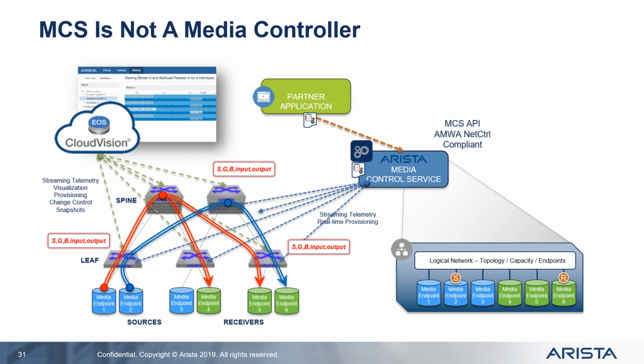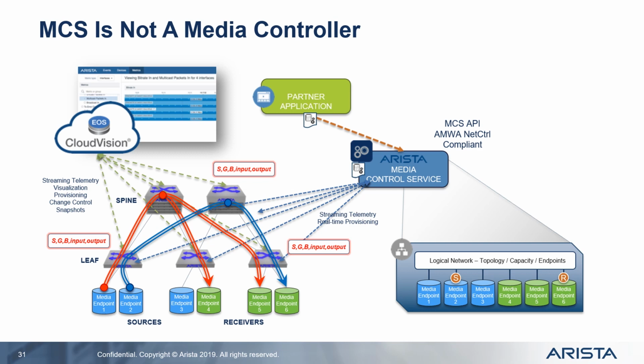There is something that Arista produces called Arista MCS, Media Control Service, which does this for you. Arista MCS is not a broadcast controller on its own. You need a partner, such as Imagine, Lawo, Grass Valley or some other control system, to integrate and talk to the Arista MCS. From there, the Arista MCS will talk to all of the switches and route the multicast traffic across all of them, because it is bandwidth aware.